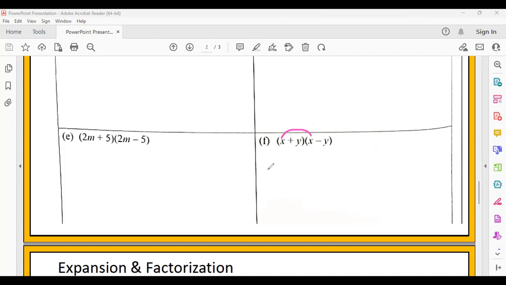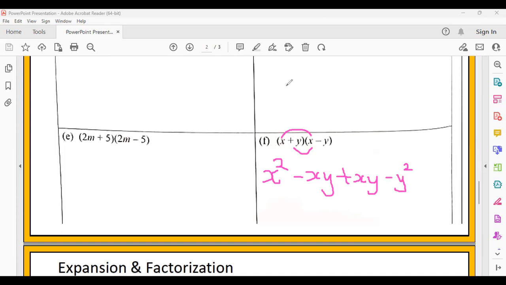X times X, X squared. Okay? X times negative Y, minus XY. Y times X, positive, plus XY. And then negative Y times positive Y, minus Y squared. Very good, Natasha.